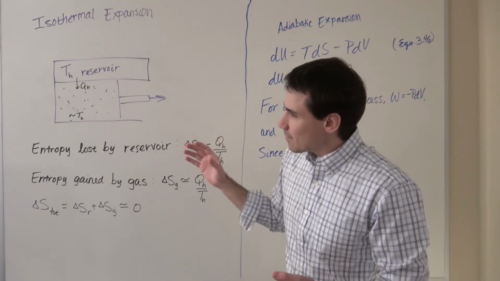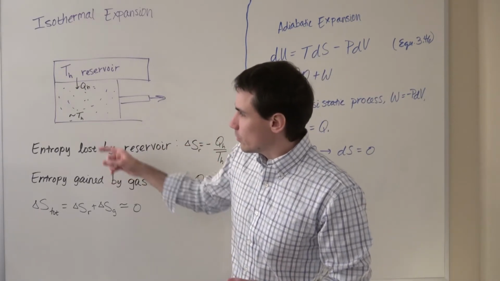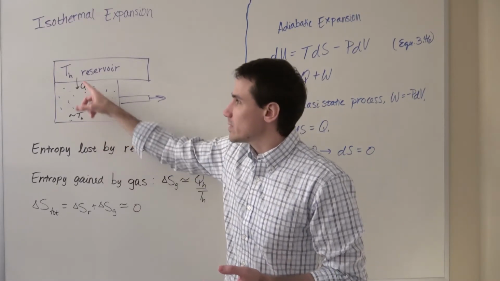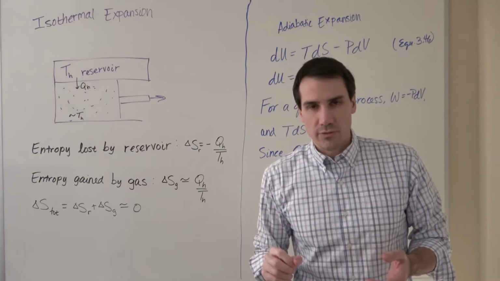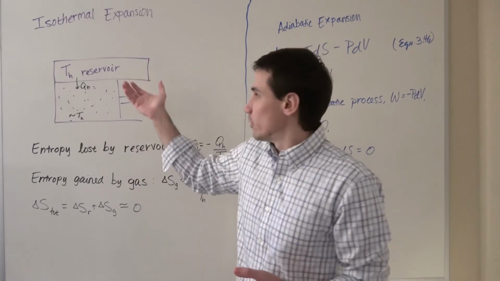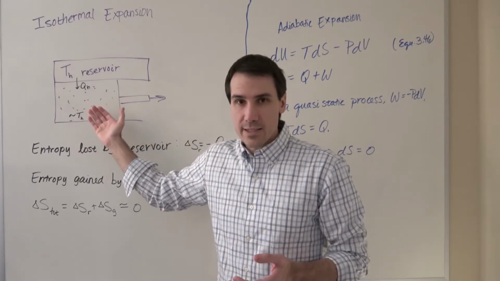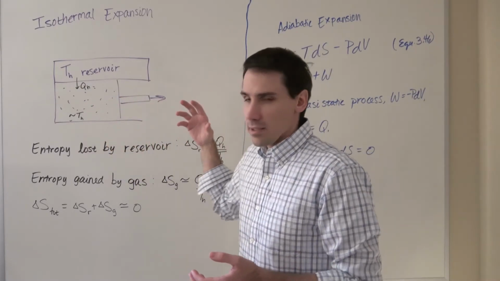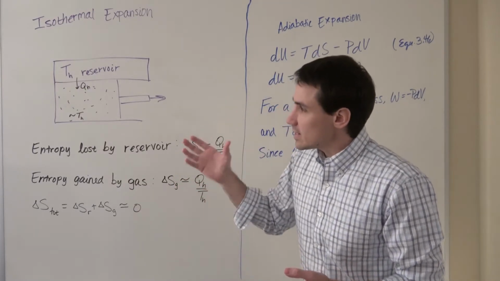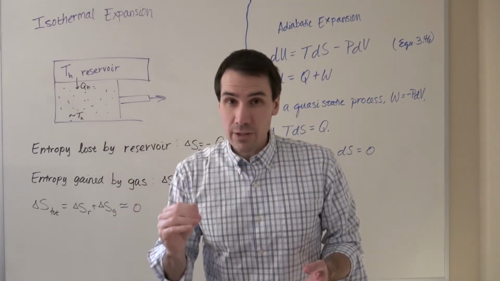Now, what's happening here is that we are going to assume that the temperature of the gas is almost exactly the same as the temperature of the reservoir. Now, it has to be a little bit cooler, otherwise heat wouldn't flow from the reservoir to the gas, but it will be very, very close. In this case, the heat is going to flow very slowly.